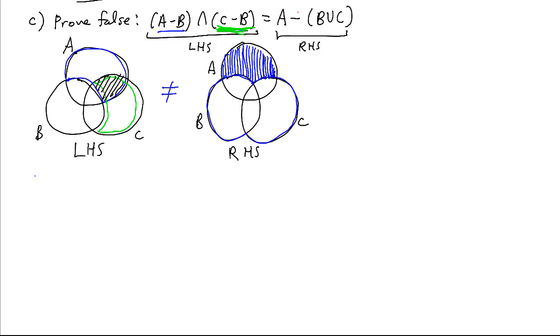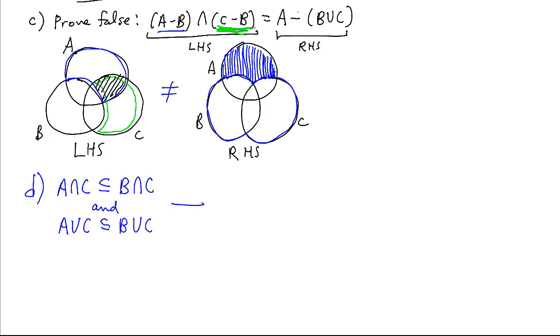Part D says that A intersect C being a subset of B intersect C, and A union C being a subset of B union C, implies that A is equal to B. Okay?